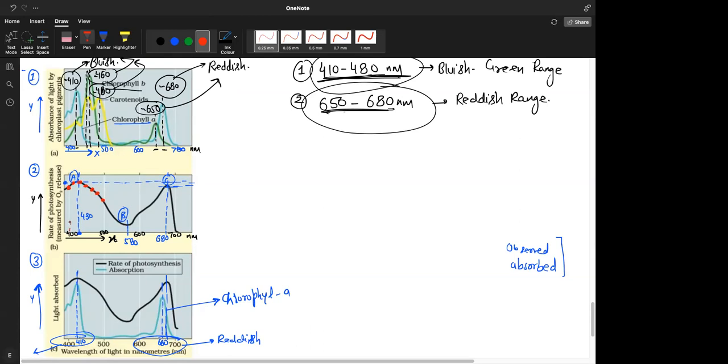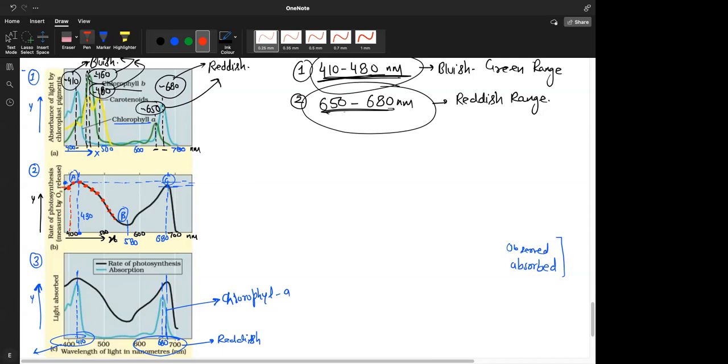When you give this wavelength of light to a plant, they checked how much oxygen is released. So on the y-axis, there must be some parameter: 10, 20, 30, 40, 50, 60, 100. They pointed all these dots and then made a curve, and they realized that when you give the plant light energy of around 430, 410 to 430 nanometer wavelength, the plant shows the highest rate of photosynthesis.